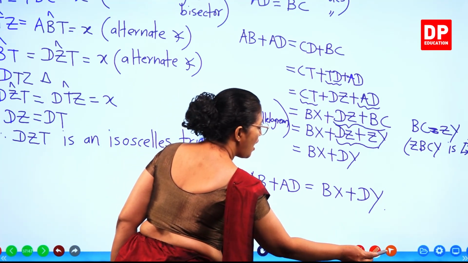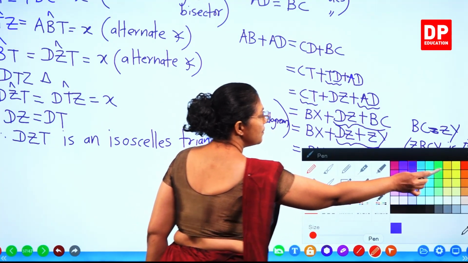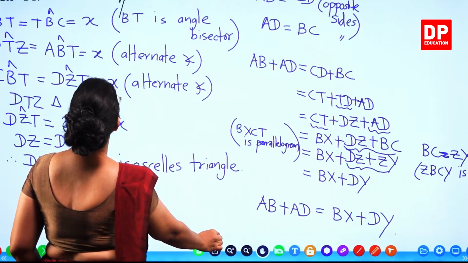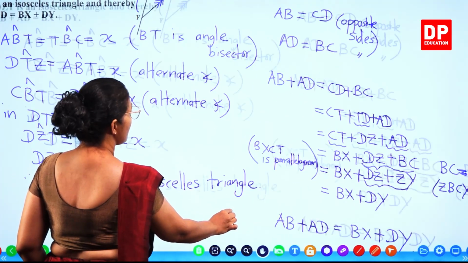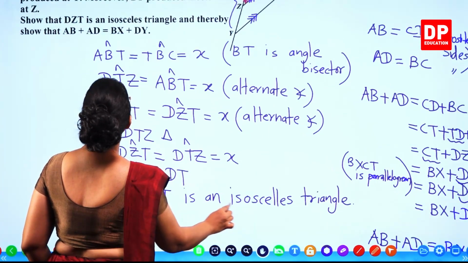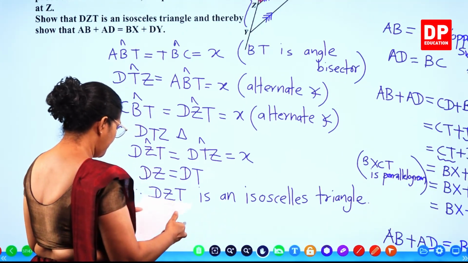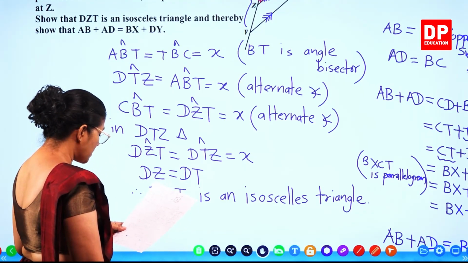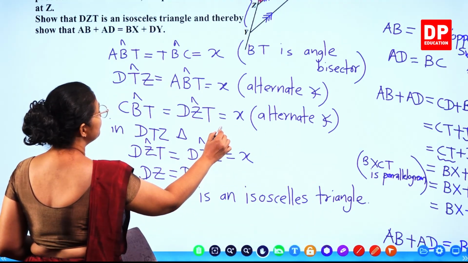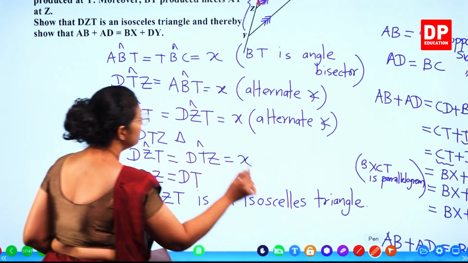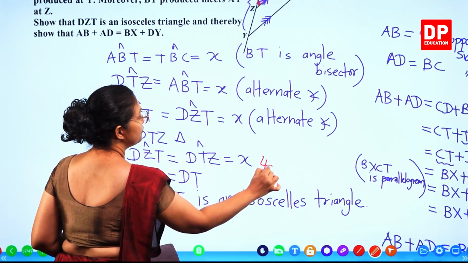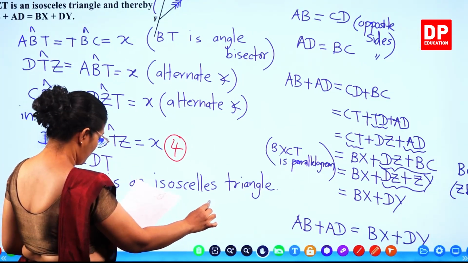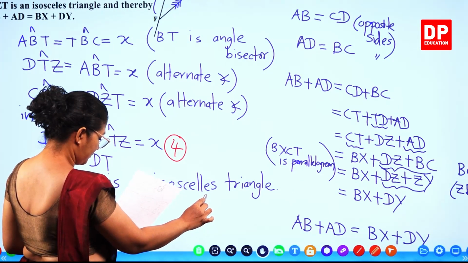So let's see how many marks we can give. So the first part, to show that it's an isosceles triangle, we can give 4 marks. And for the other part, we can give 6 marks.